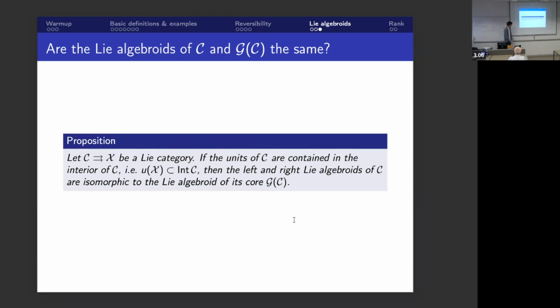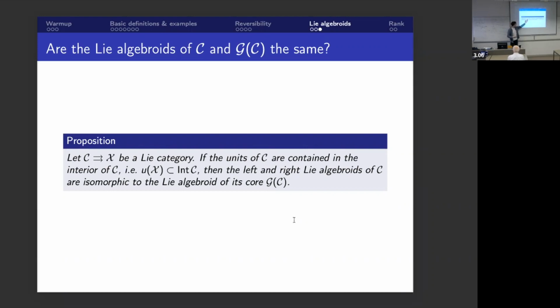And now, because of our previous theorem, whose proof is stated here, if the units of a Lie category are contained in the interior, then the core is going to be open, right? And the left and right algebroids of our Lie category are isomorphic to the Lie algebroid of the core. And this happens because you should keep in mind this is infinitesimal data, of course, right?